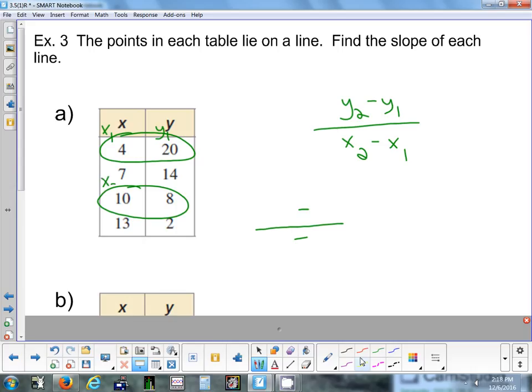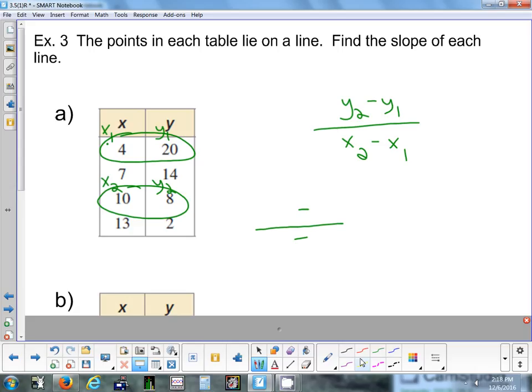Excellent. And then 8 will be y2. If you did it the other way around, that's fine. If you wanted to do this as x1, y1, and this as x2, y2, that's fine. Don't do this x1, x2, y1, y2. That's not correct. So it doesn't matter the way you put them, exactly.